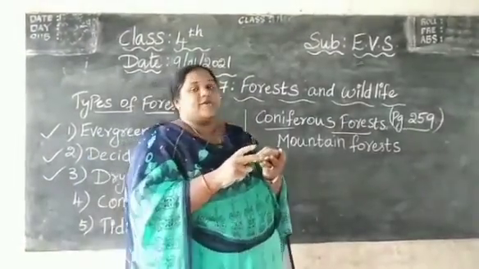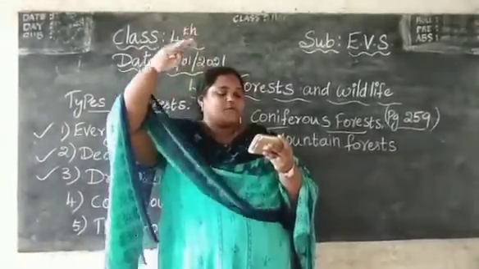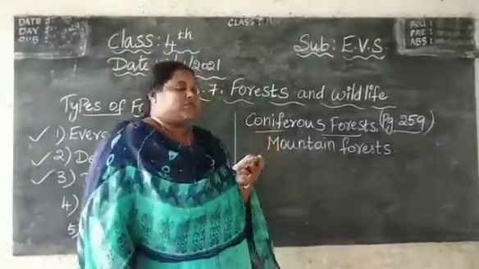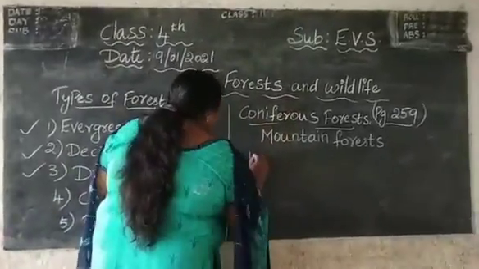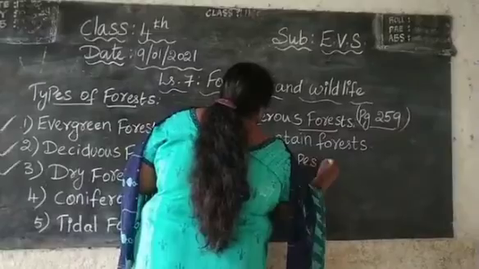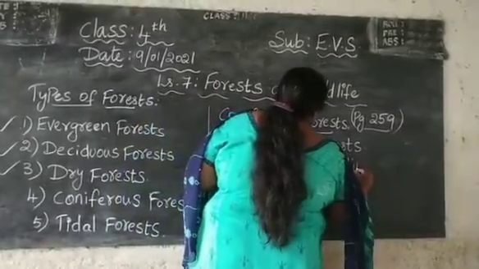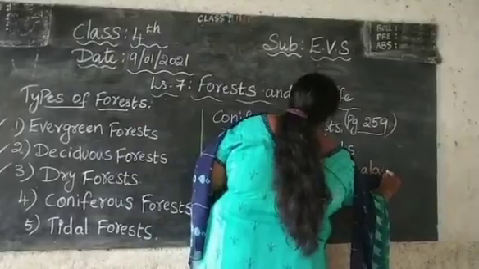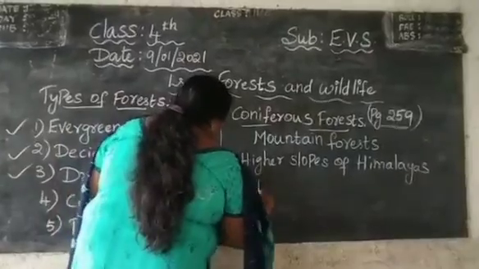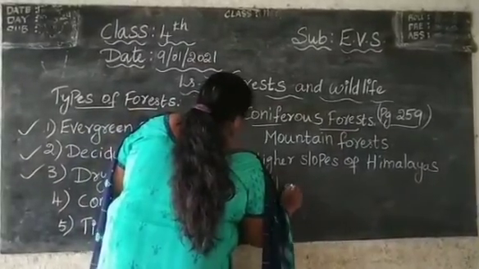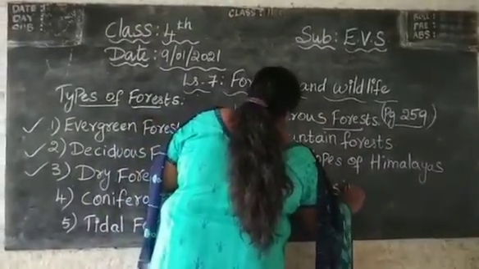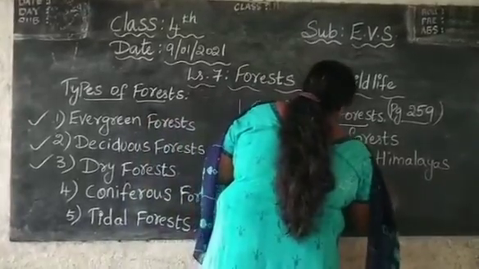So in the Himalayas, that means the north side, the higher slopes of the Himalayas, and in the Nilgiri hills in the south.